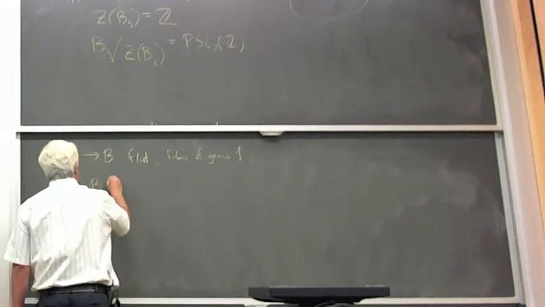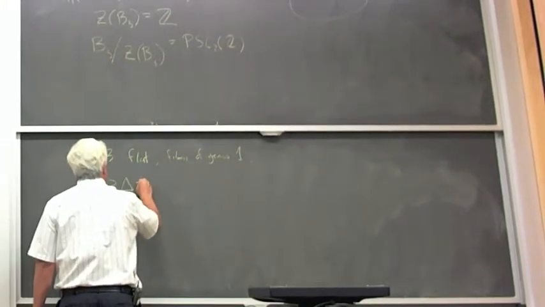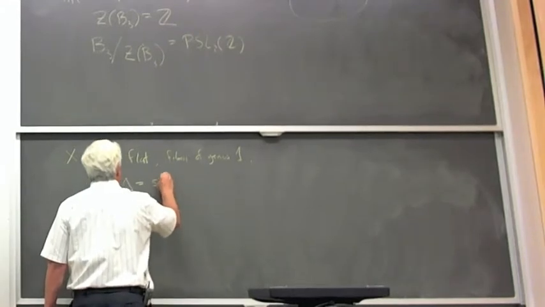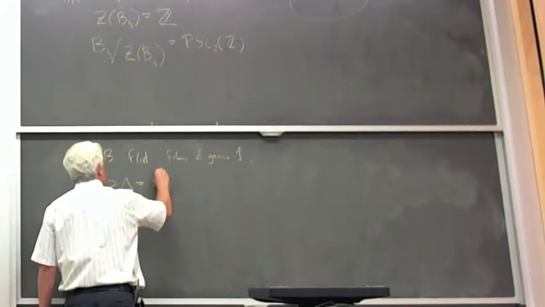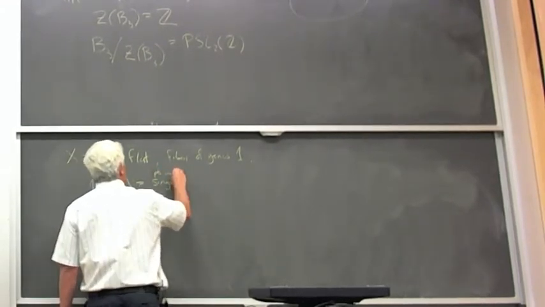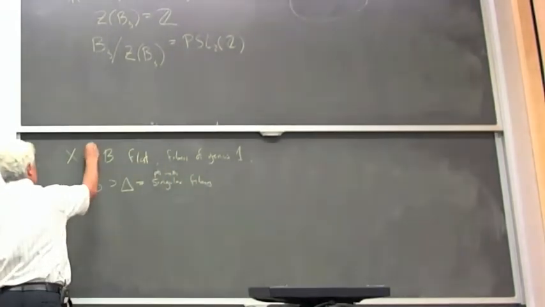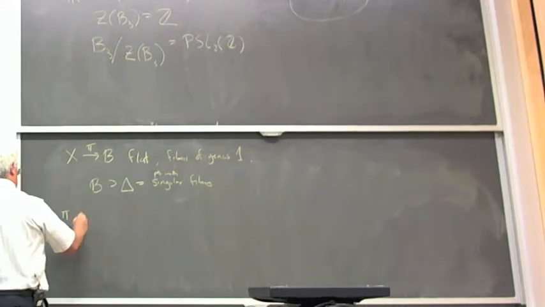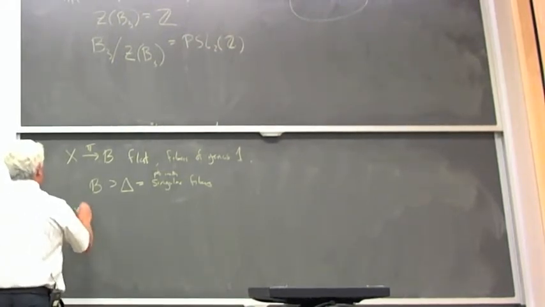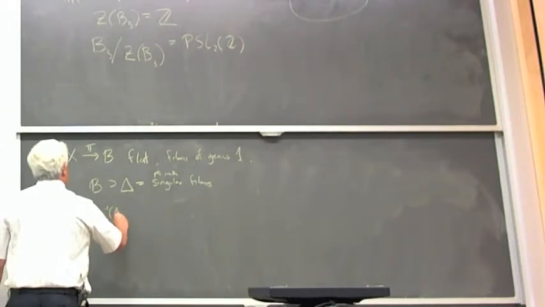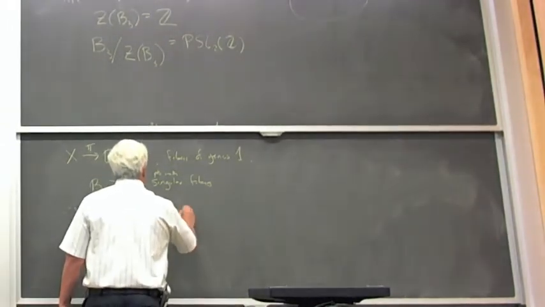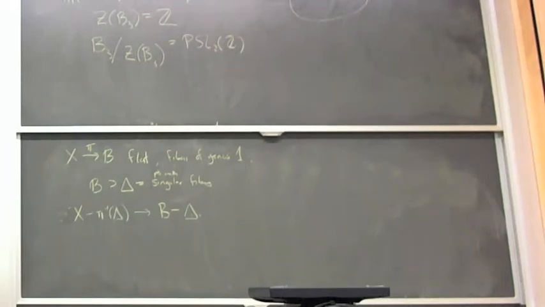And in such a context, I'll have a discriminant locus, which is the image of the singular fibers. And over the complement of that discriminant locus, I'll have X minus pi inverse of delta mapping to B minus delta. It'll be one of these families of elliptic curves.